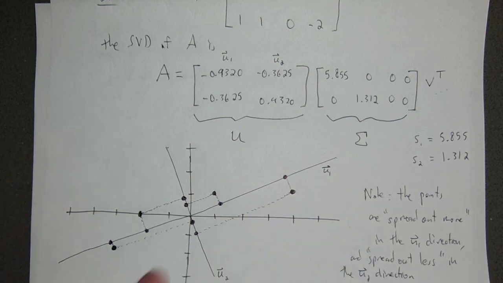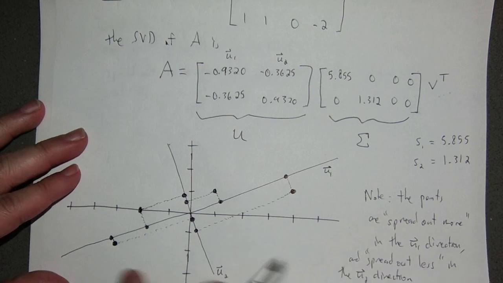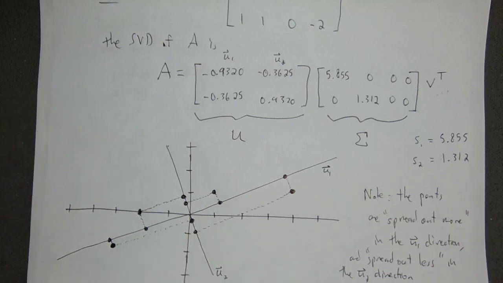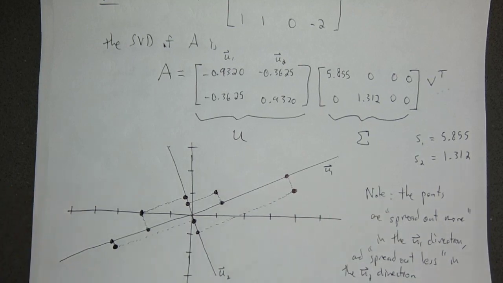You'll notice that these are bunched together a lot more closely, obviously, than these are. So that's all that I mean. And again, it doesn't have to work out so that these are so close, because it works out so that these are actually really, really close, relatively. It doesn't have to work out like that, but it will always work out so that they are closer along u sub 2 than they are along u sub 1. So that's what I meant.